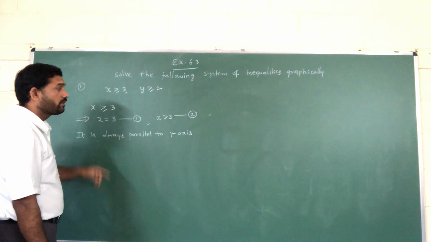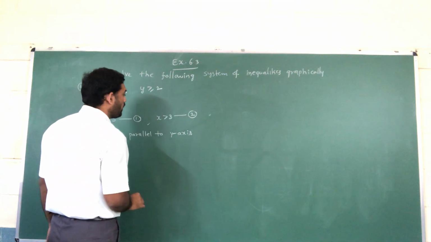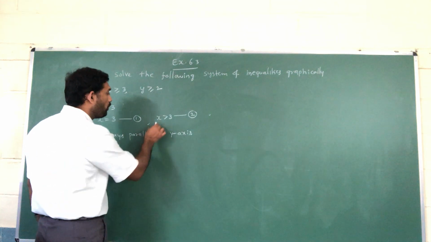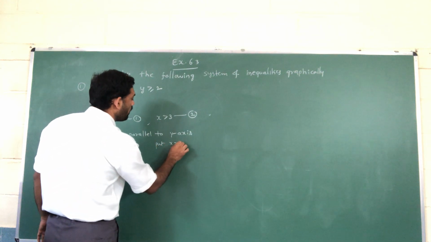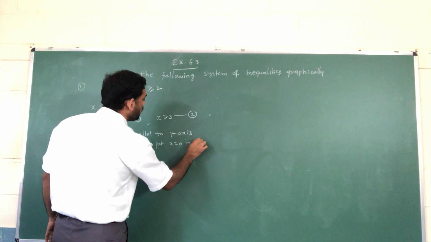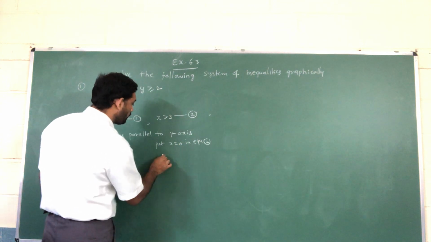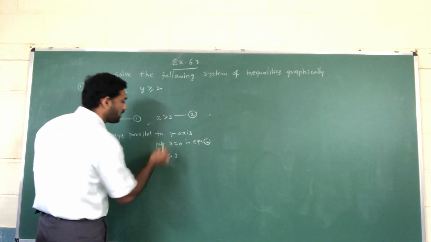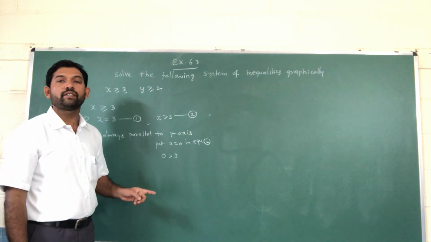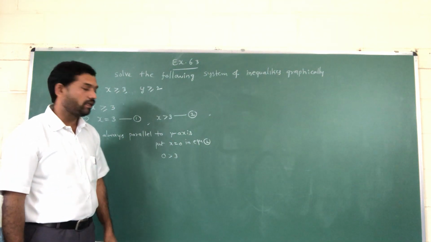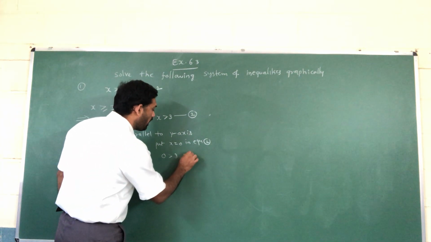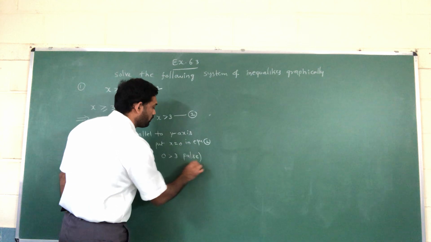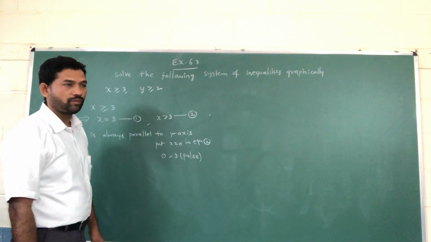Next, substitute x equal to 0 in equation number 2. Then what happens? 0 is greater than 3, which is always false.